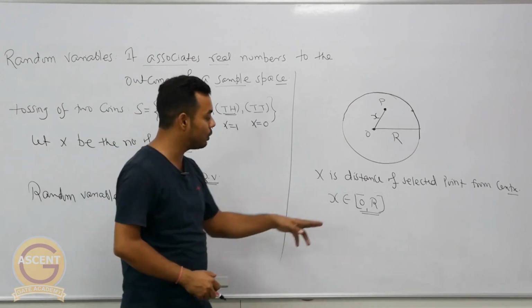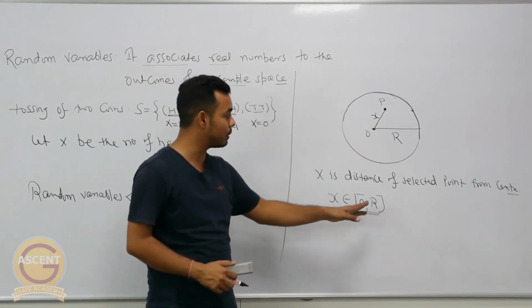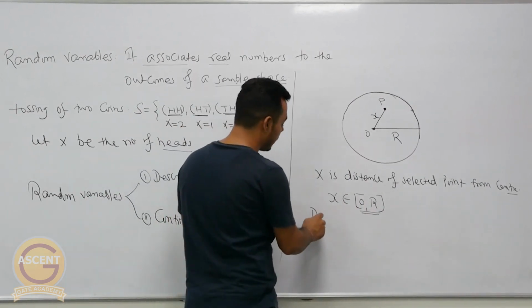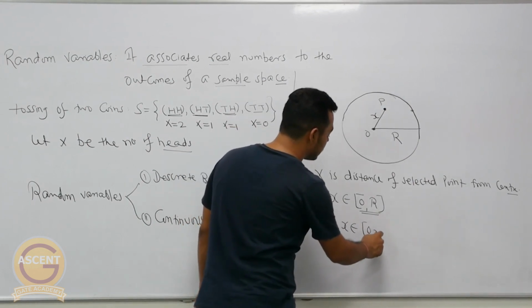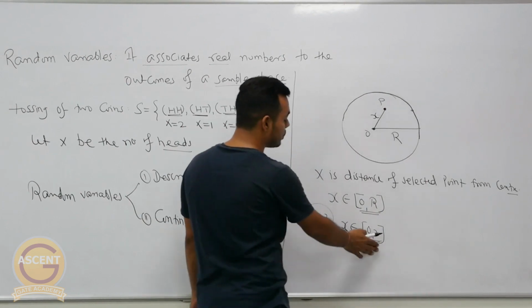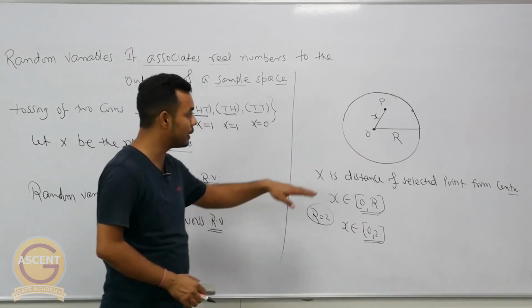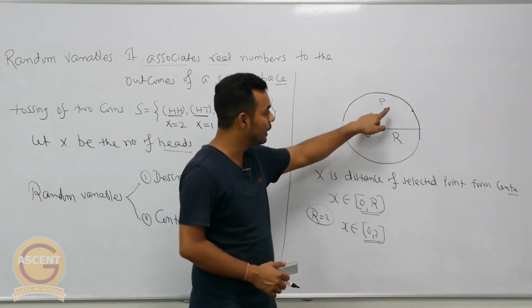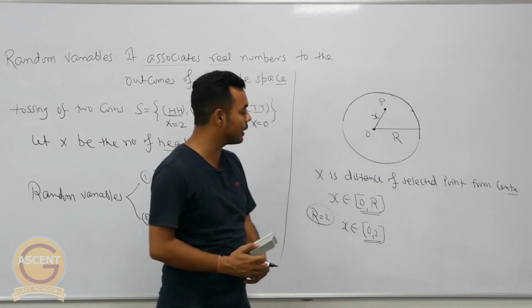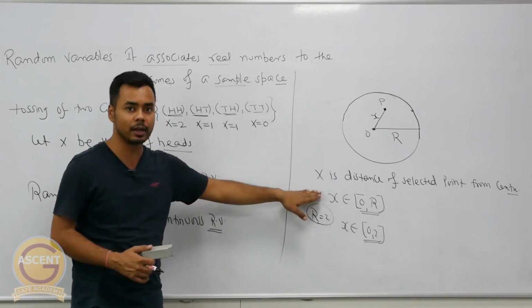So all values of x between 0 and r are possible. For example, if the radius is 2 units, then the value of x will be between 0 and 2, and all the values between 0 and 2 are possible. So this x, which is representing the distance of any selected point from the center of the circle, is an example of a continuous random variable.